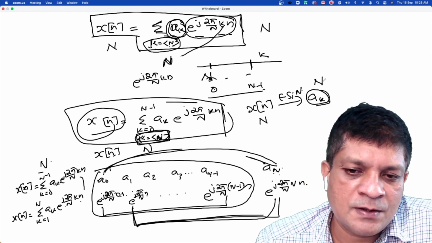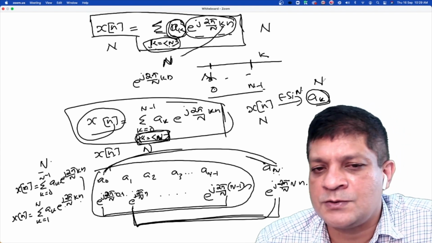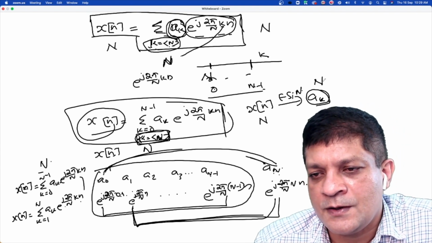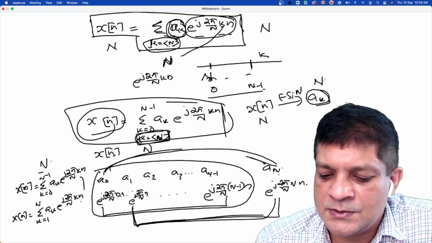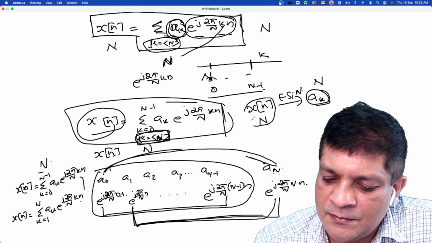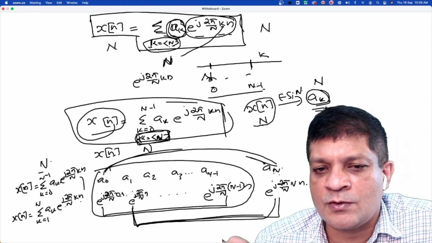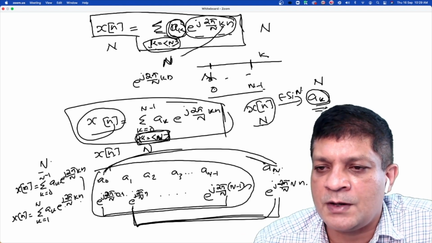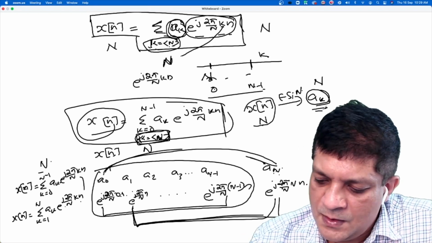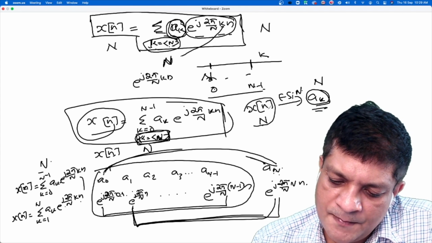For a continuous time signal, there is no such periodicity. But for a discrete time signal, if the signal is periodic with period N, its Fourier series coefficients are also periodic with that period.